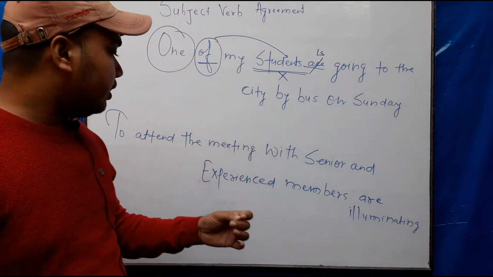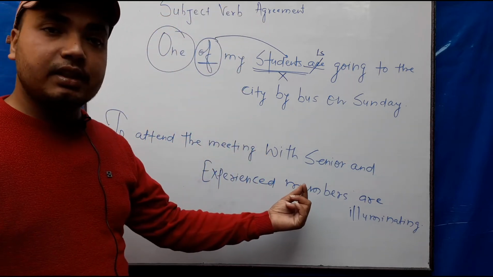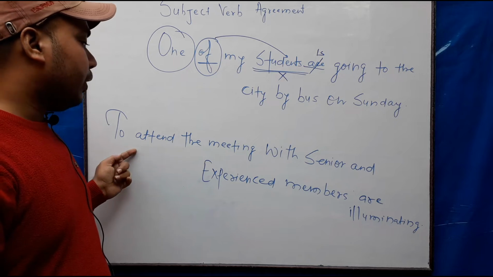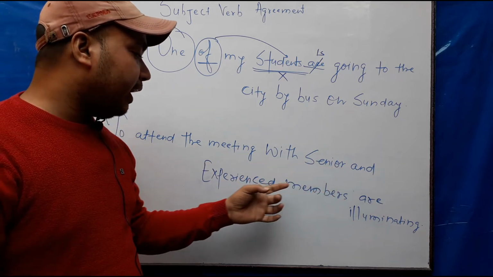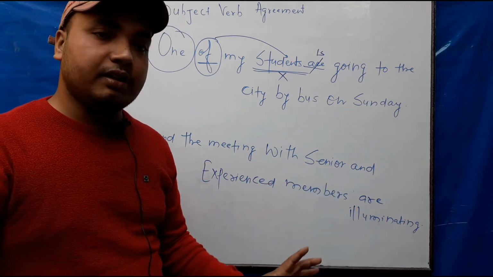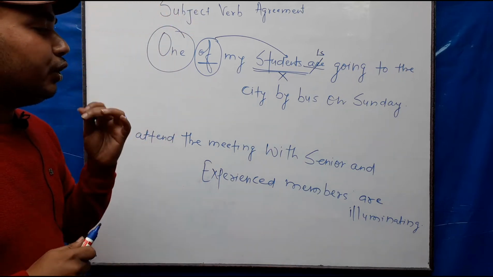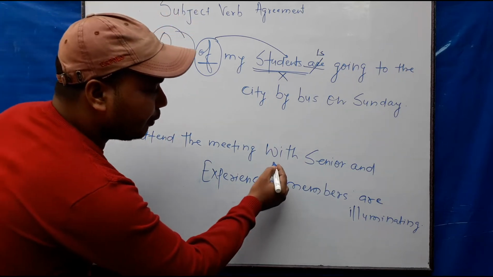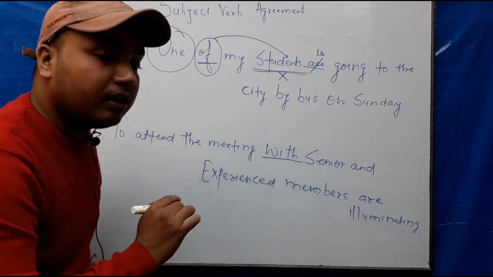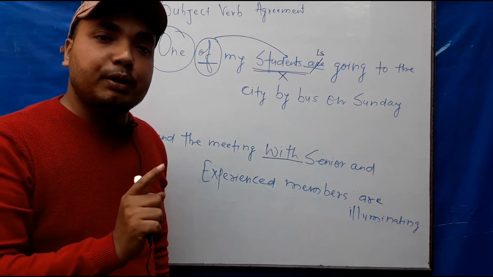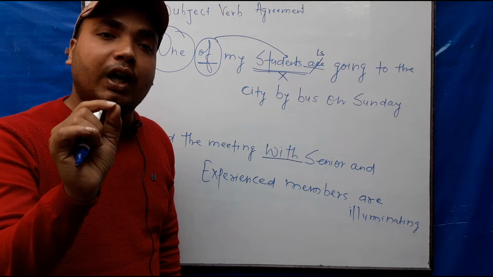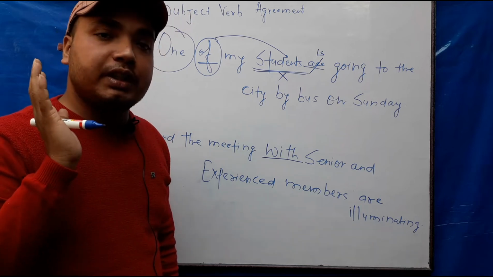So friends, now see here, I have written a sentence. The sentence is: to attend the meeting with senior and experienced members are illuminating. First of all, you have to see that here is a preposition, "with", and after a preposition any noun or pronoun will come. Certainly it will come.